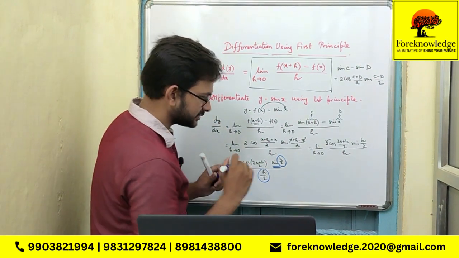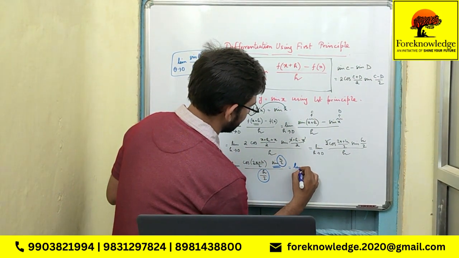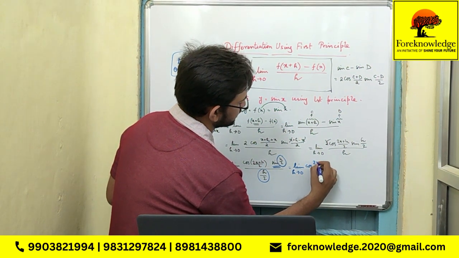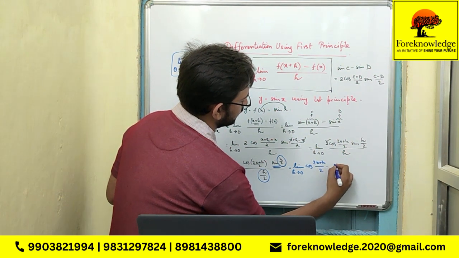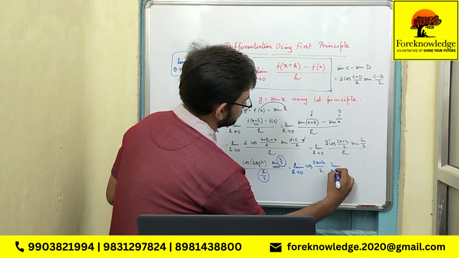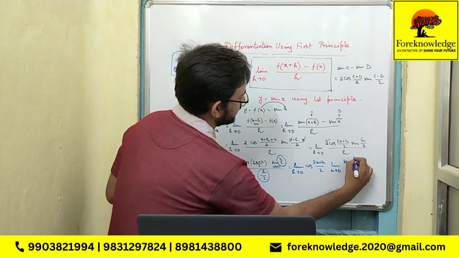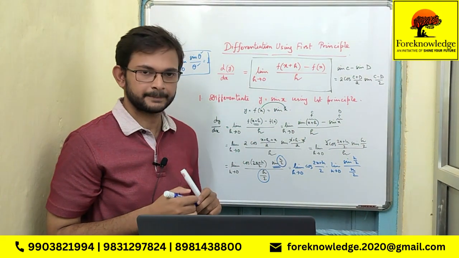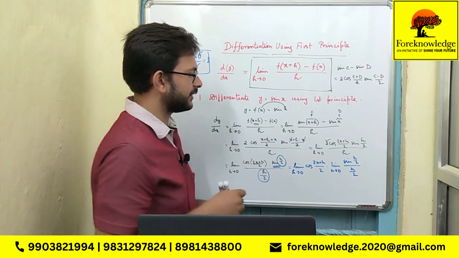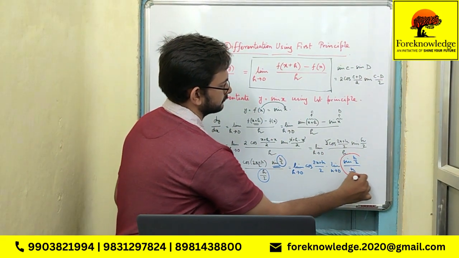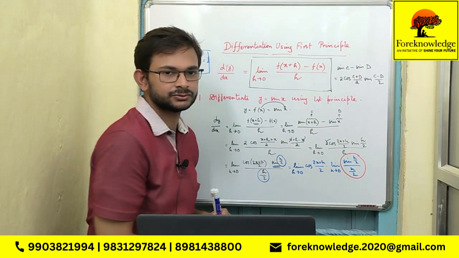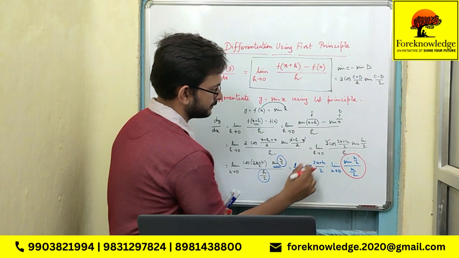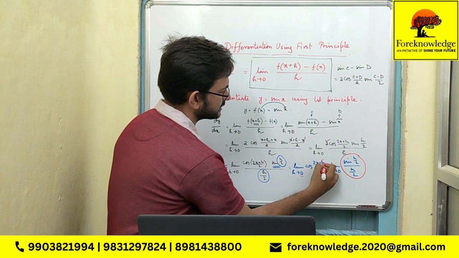So now separate as per the algebra of limits: cos (2x plus h)/2 into limit h tends to 0 sin(h/2) upon h/2. This limit is 1, and here we put the value of h as 0.